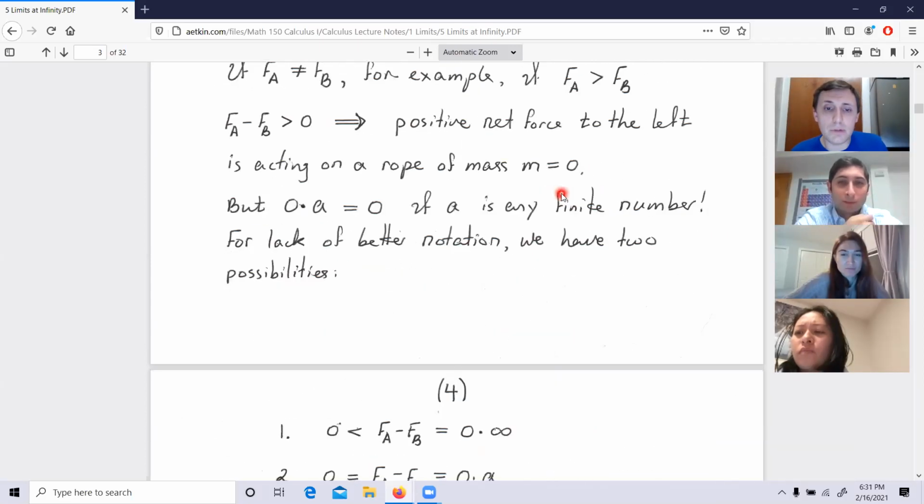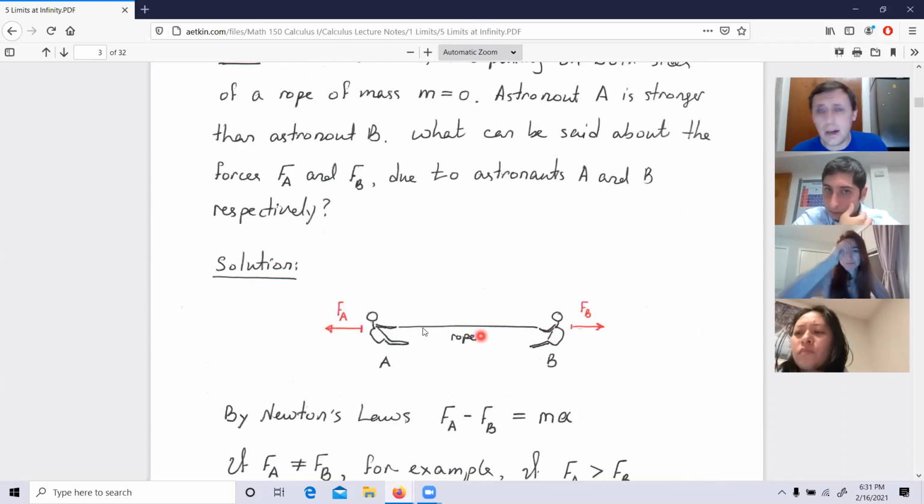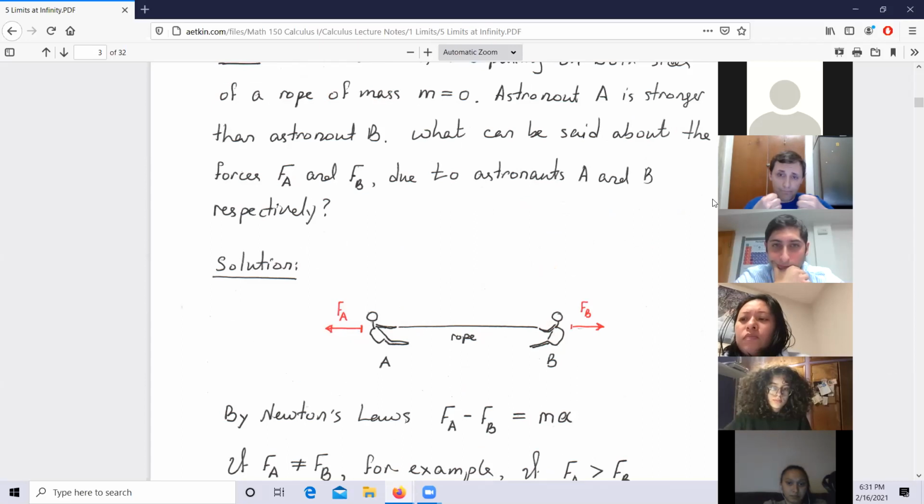So here is where I hope you remember, guys, that a central idea in physics is that if a cord is massless, then the tension in this cord is uniform and no force can be stronger on each side. You cannot pull an ideal string with different forces; that's a central idea in physics.